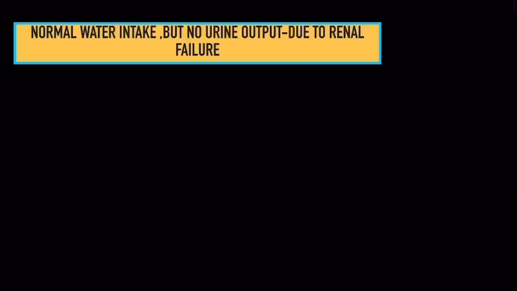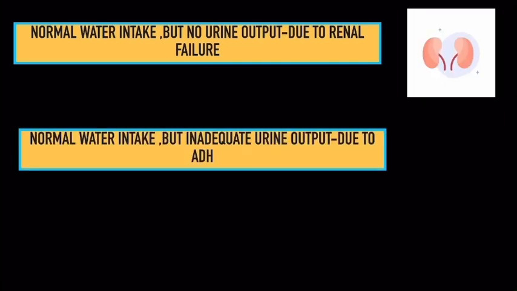There are only three scenarios where free water is retained. The first one is in a patient with a normal water intake but no urine output. Actually, this is due to renal failure. And second case is there is normal water intake but inadequate urine output. It is because of the action of antidiuretic hormone, that is ADH. So it is actually an ADH excess state.